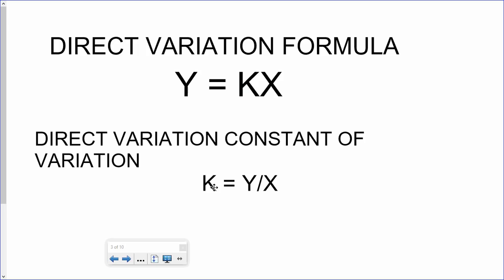Instead of trying to find slope like with a normal linear equation, where we used 2 points, we can find the k just using 1 point for the direct variation, because they have a very specific relationship. Whenever you divide the y value by the x value, you're always going to get the same k. That's what makes it special, and that's why we have a whole separate unit. Okay?